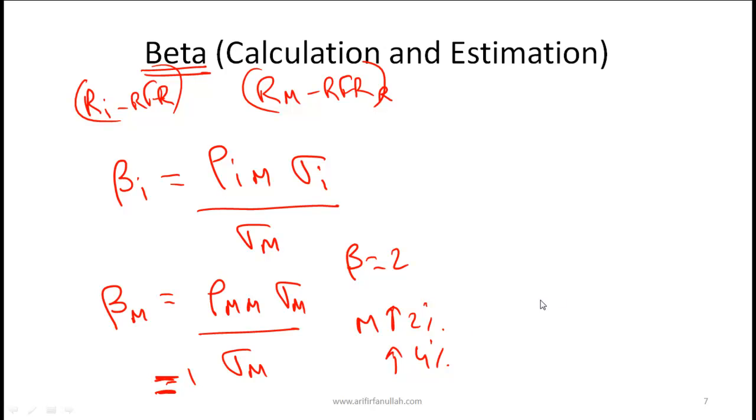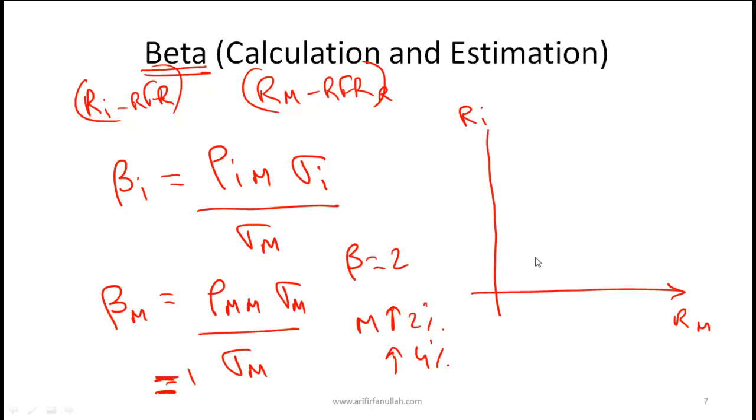Now, how can we estimate this using past data? We use a technique called regression, where over several past periods we can look at the return on the market versus the return of a given stock.